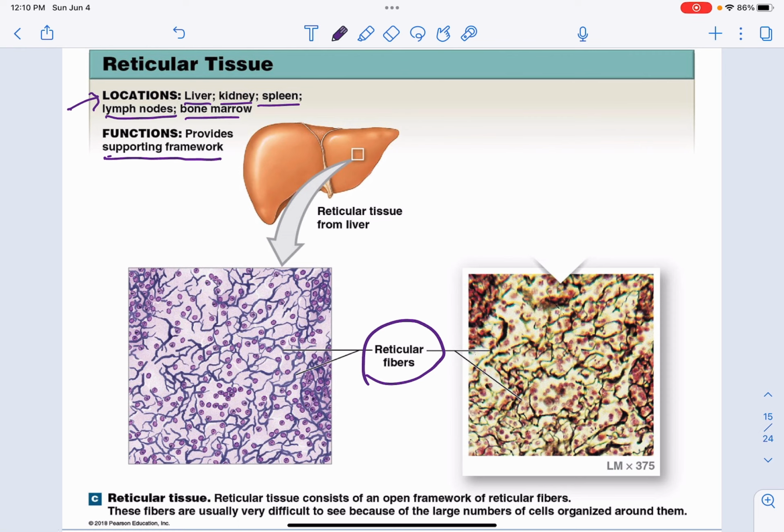So this reticular tissue consists of an open framework of reticular fibers. You can see all of the fibers, and you'll be able to see them under the microscope as well. So here is an image. This is more of a cartoon image of reticular tissue.